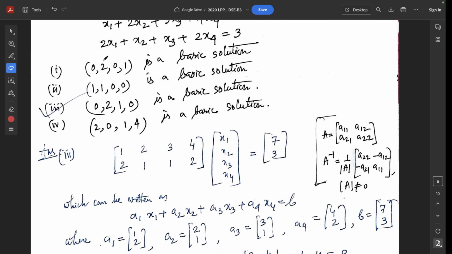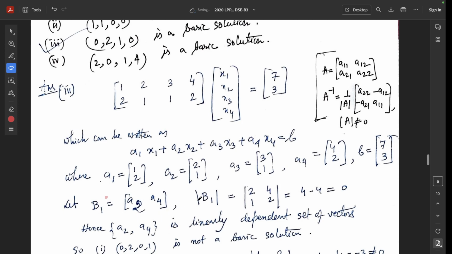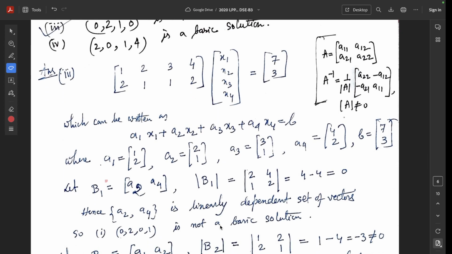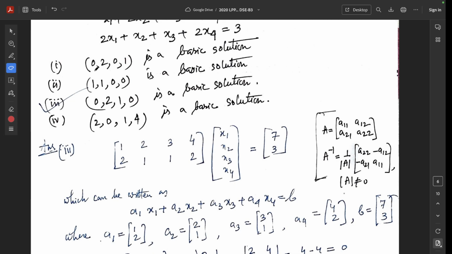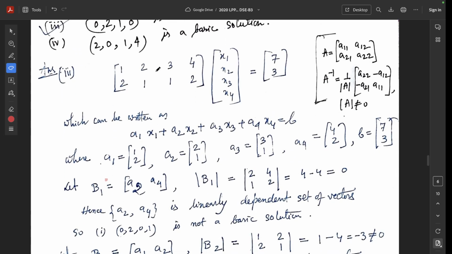We can choose the linearly independent vectors for the non-zero elements, A2 and A4. So we choose B1 equal to A2 and A4. Then the determinant of B1 is equal to 0. So these vectors are a linearly dependent set of vectors. So this first solution cannot be a basic solution of the system.